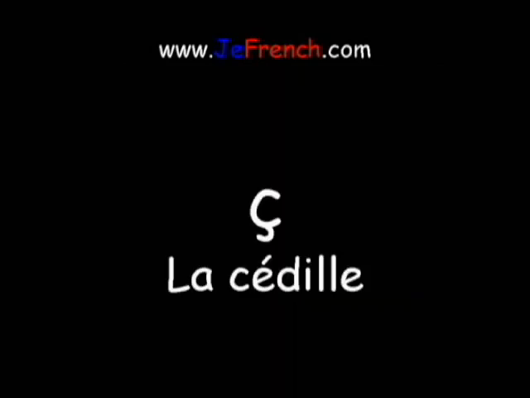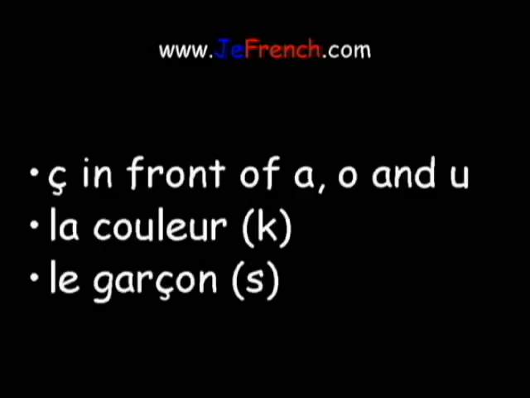Finally, you've probably noticed before la cédille, the little tail that comes under the C. La cédille is used in front of A, O, or U to turn the C, which is normally a K sound, into an S sound.